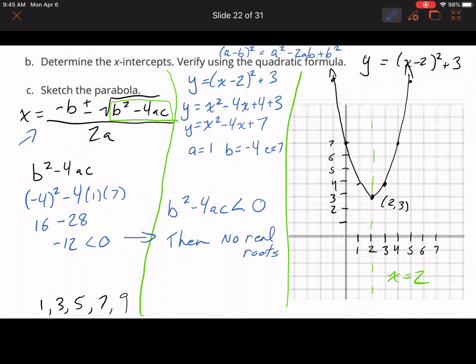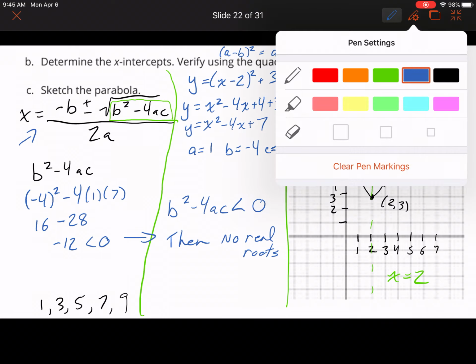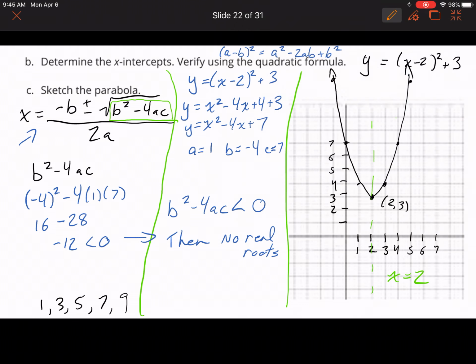So the other way that you can find more than one point on this, besides knowing the 1, 3, 5, 7, 9 formula, is knowing that our c is our y-intercept. So if I didn't know the pattern, I would know that 0, 7 was going to be a point.